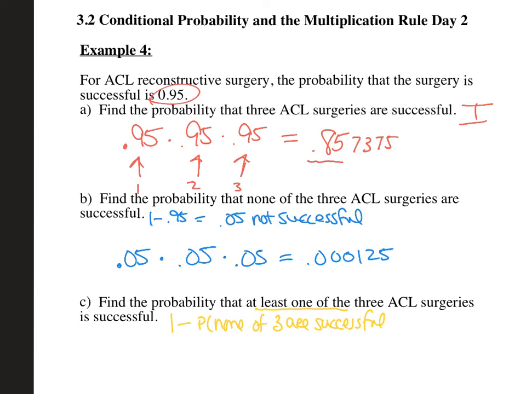Because at least 1 is the complement of none of them being successful. So all you're going to do is 1 minus that lovely decimal 0.000125. And so the probability that at least one of those is successful is 0.999875. Okay?